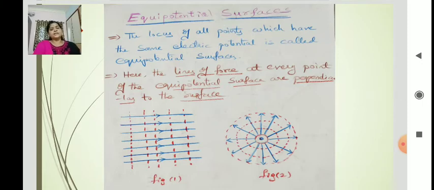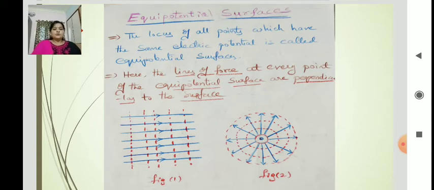So there is no potential difference. Hence, if the potential difference is 0, the work done W by Q is 0. So the work done on a charge placed on an equipotential surface is 0.